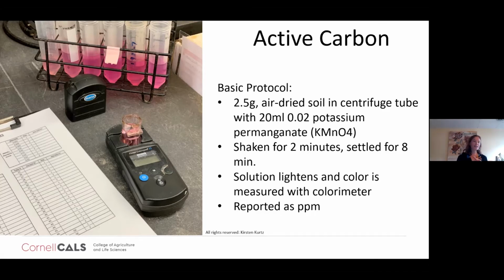So if you recall that slide that I had just shown where we have a range of colors, if you see a lighter color, that actually means you have higher levels of active carbon. And this, similarly to the protein, is also measured using a colorimeter. We actually use a pocket colorimeter in our lab to do this. And one of the things that I really love about the active carbon test is that you could actually do this in the field and you could share with a farmer or a client in real time what your active carbon results are.